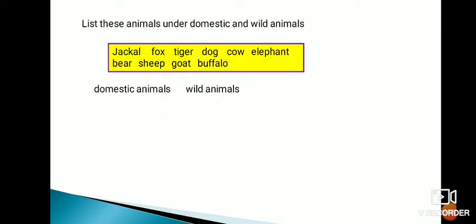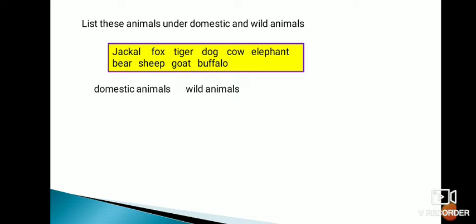Now list these animals under domestic and wild animals. So here are some animals. Jackal, fox, tiger, dog, cow, elephant, bear, sheep, goat, buffalo. So we need to find out which amongst them are domestic and which are wild animals.